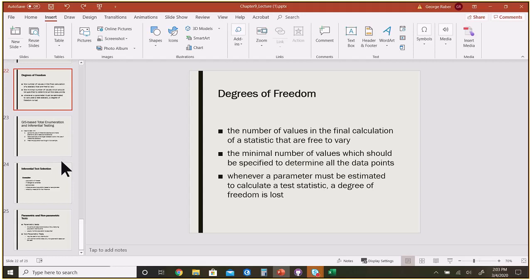Because when a parameter has to be estimated, in the calculation of a test statistic, the mean, let's say, a degree of freedom is lost. So you can't specify a mean with just one parameter. There has to be 2 parameters. I mean, there has to be 2 observations. So it's the number of observations necessary to specify that parameter. So the degrees of freedom is usually n minus 1, but we're going to see in some tests that that's different.